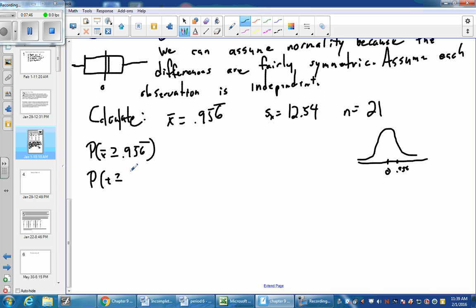We'll take this number minus our null mean, which is 0, over our standard deviation over the square root of 21. And when we do this, we will get a value of 0.35.